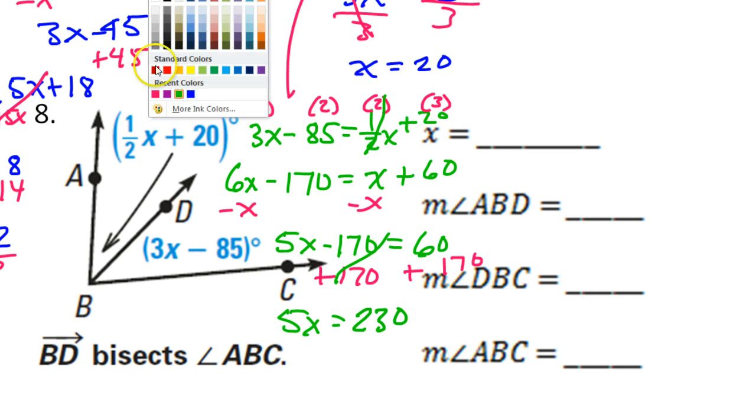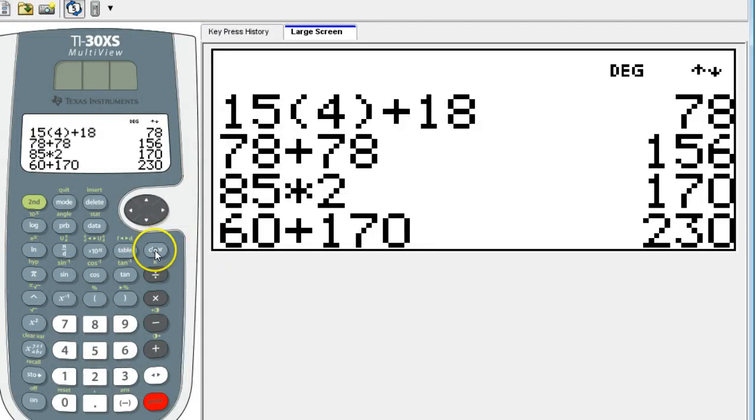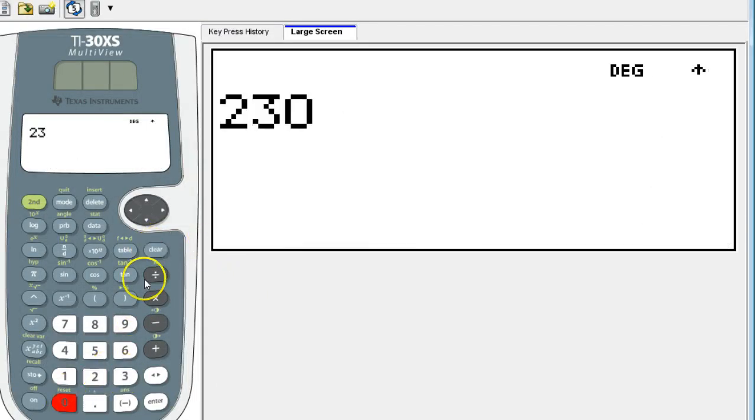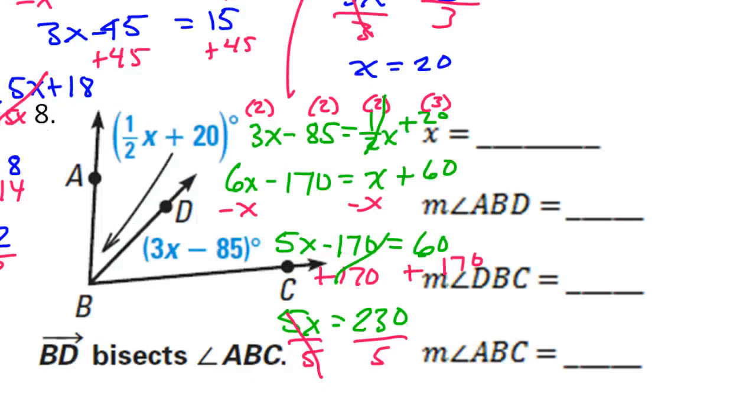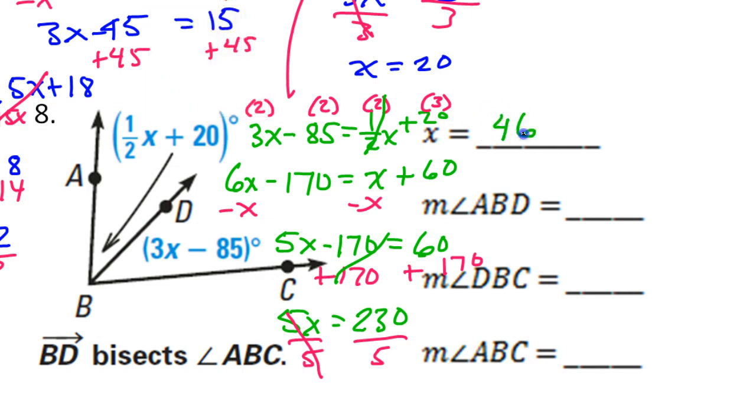And then divide by 5. Let's see, 230 divided by 5. Alright, that's 46. So x is 46. Now let's use it to find these angles.